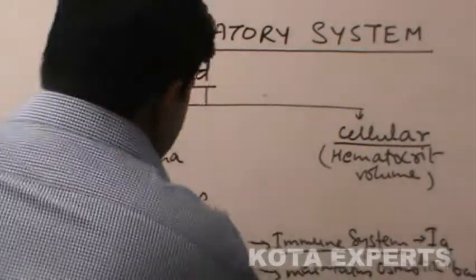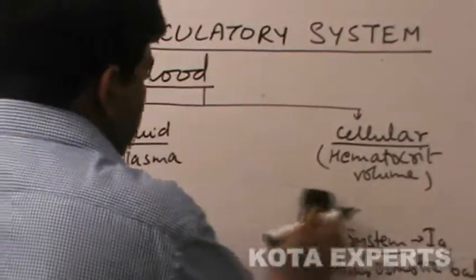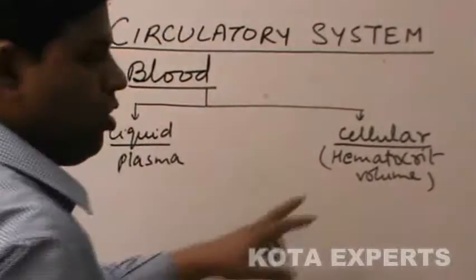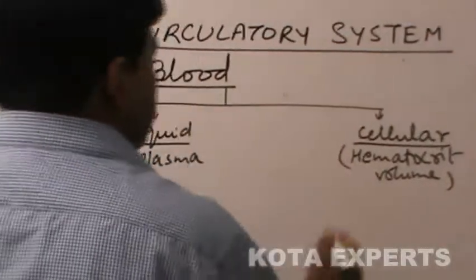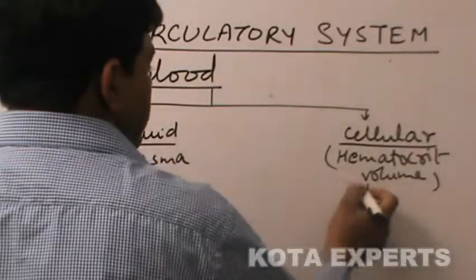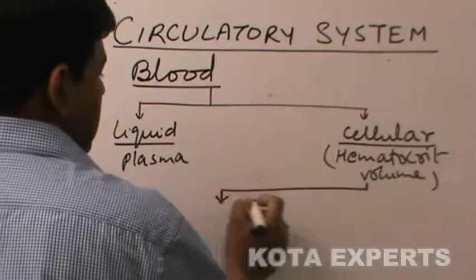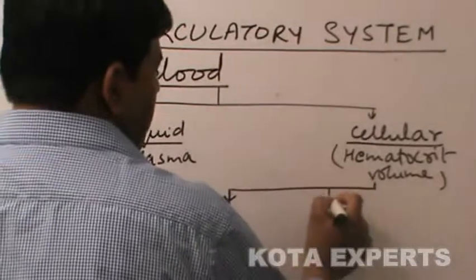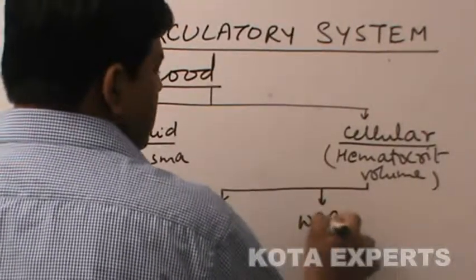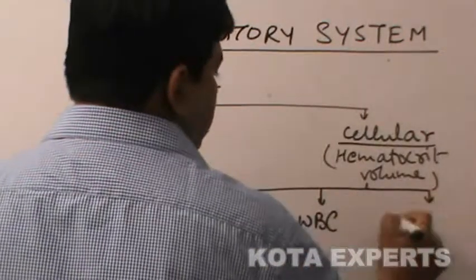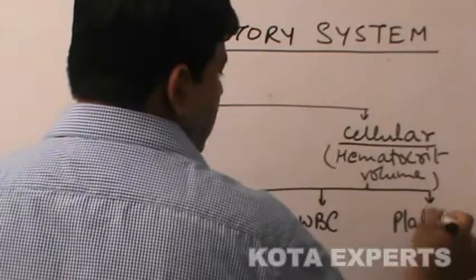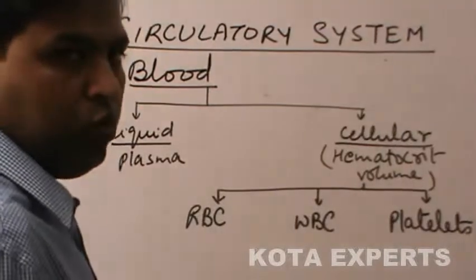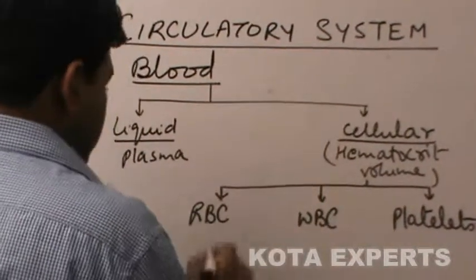Now coming to the cellular part. It is majorly divided into 3 parts: RBC, WBC and platelets.